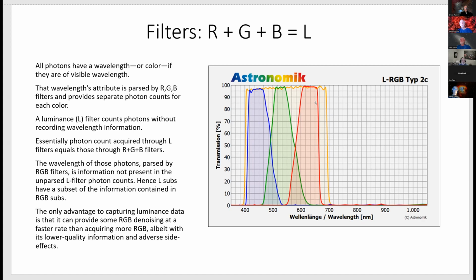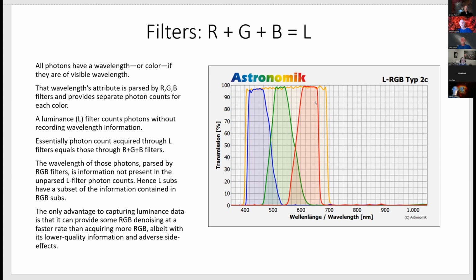So essentially, L is a poor man's RGB in that the RGB has more information. It has a photon count and the wavelength of those photons, at least an estimate of the wavelength, whereas L only has a photon count. The only advantage of capturing L data is that it provides some of our RGB denoising.